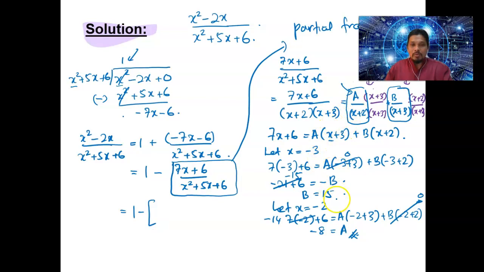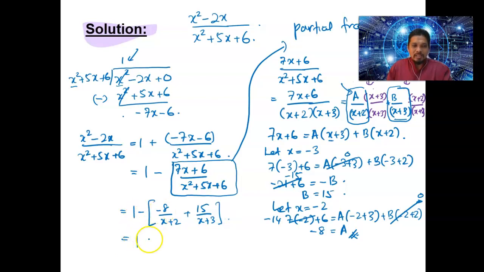Where a equals -8, so -8 divided by x plus 2, and b equals 15 divided by x plus 3. Okay, so simplify this.